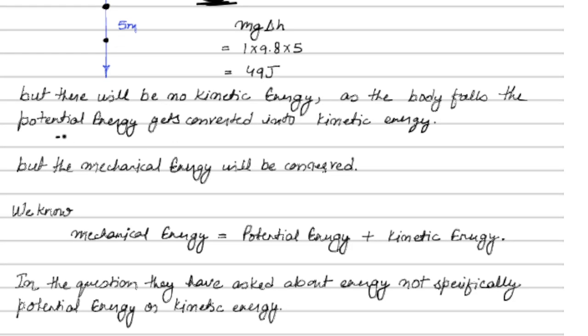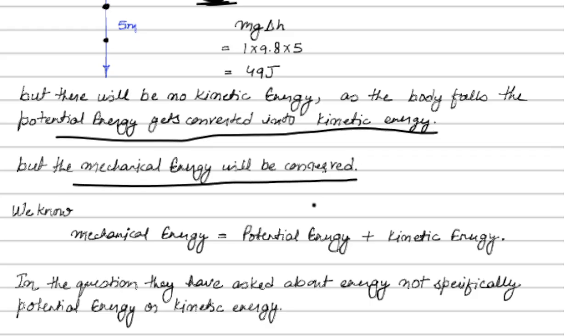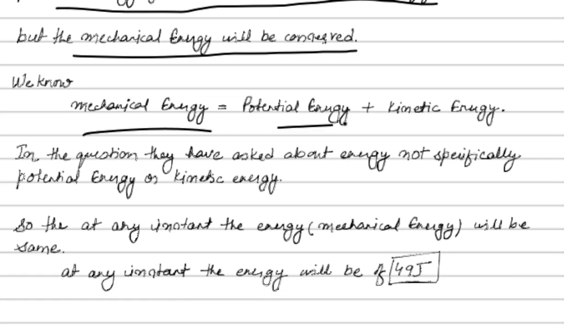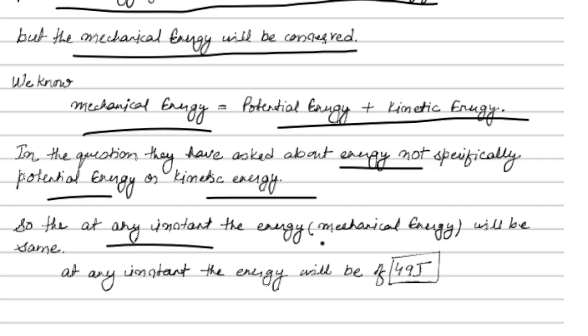As the body falls, the potential energy gets converted into kinetic energy, but the mechanical energy will be conserved, because we know mechanical energy is potential energy plus kinetic energy. In the question, they have asked about energy, not specifically about potential energy or kinetic energy. That's why at any instant the energy, and that is mechanical energy, will be the same.